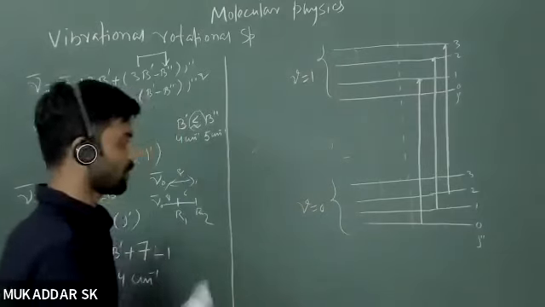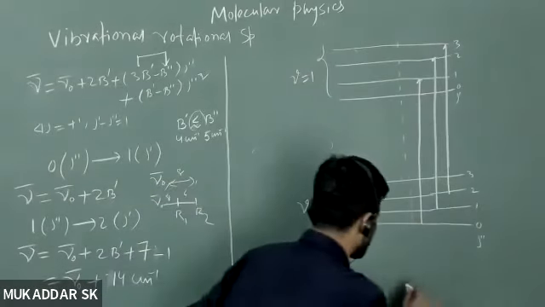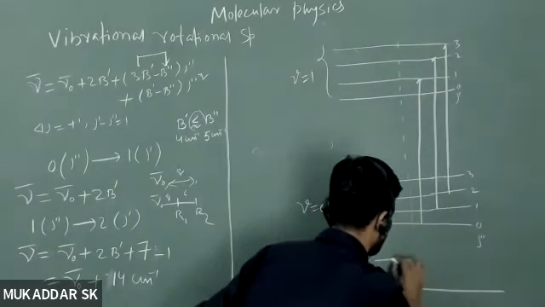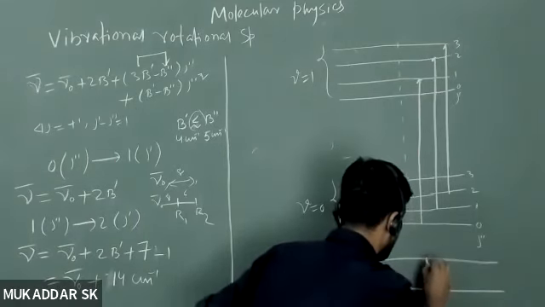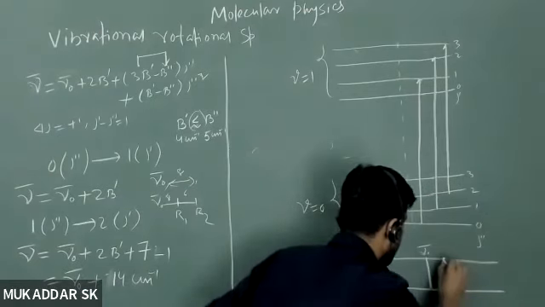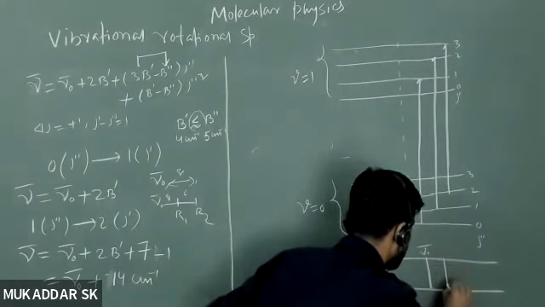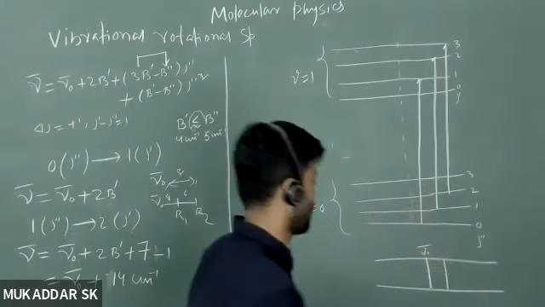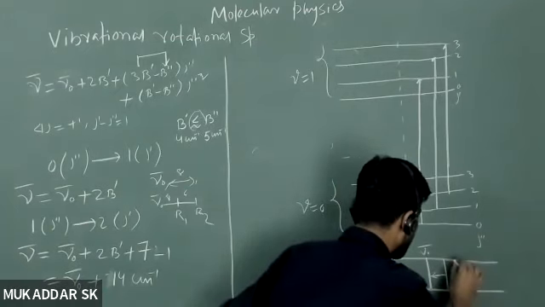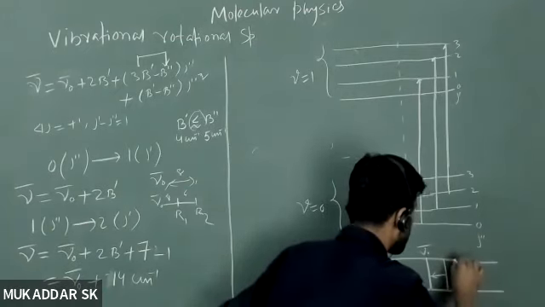What I am trying to say is, if you draw the spectral line, you have nu zero bar here and you have lines on this side. The first line from zero is due to the 0 to 1 transition, so you have some separation between these two lines, then the second line is because of the 1 to 2 transition.